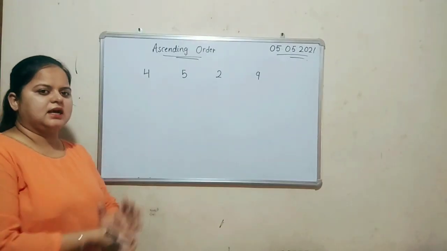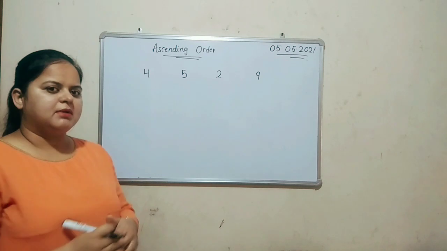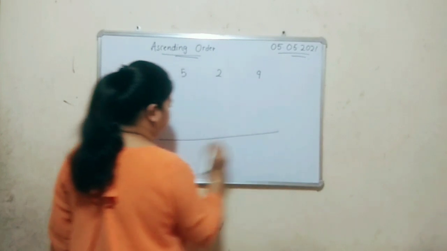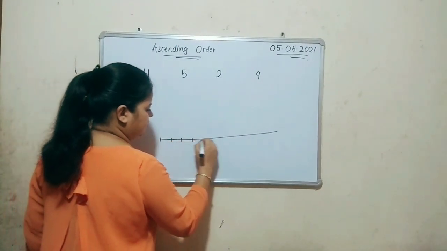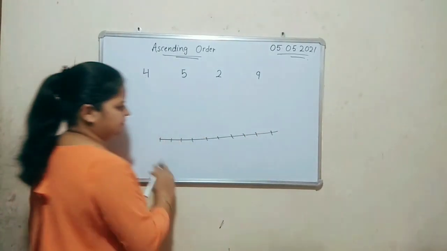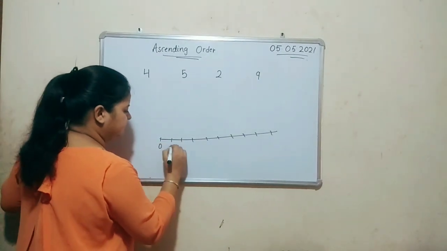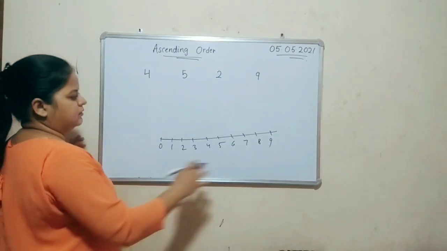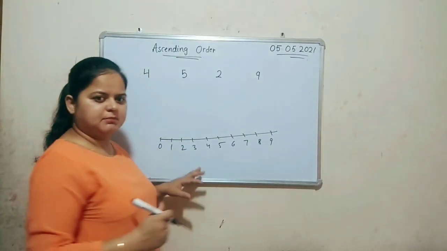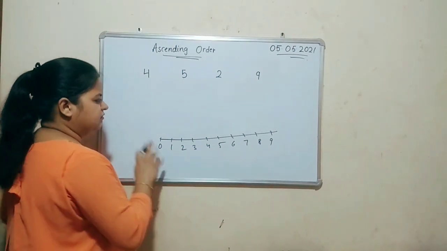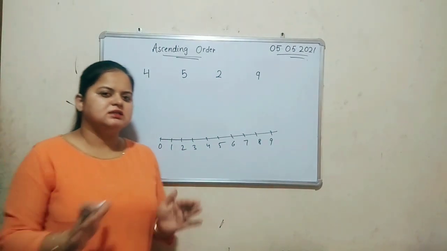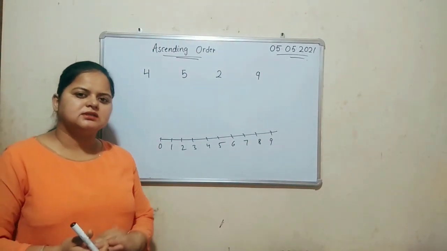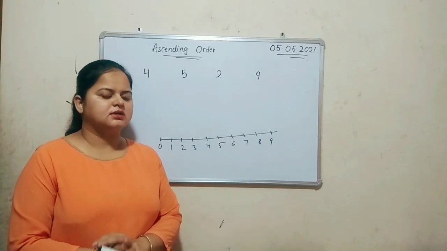Okay, in our last class when we were doing about the smaller and greater number, ma'am has told you that we have done the comparing with number 9 also. Which number is near the 0 is smallest number and which number is far from 0 is called greater number.